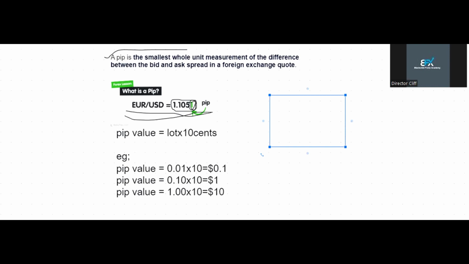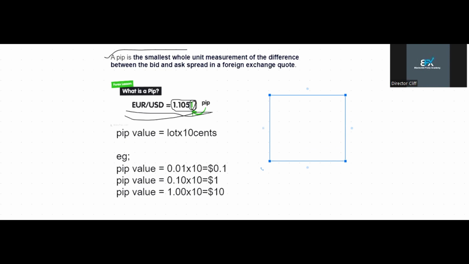So the difference between these two, when you subtract quote 1 from quote 2, is going to be 0.0001. So this is the difference of this movement.